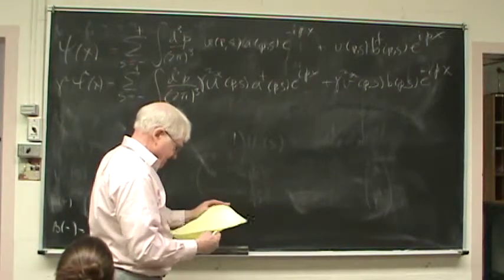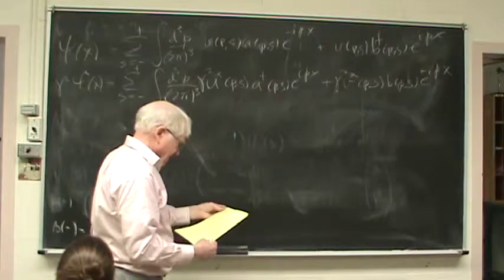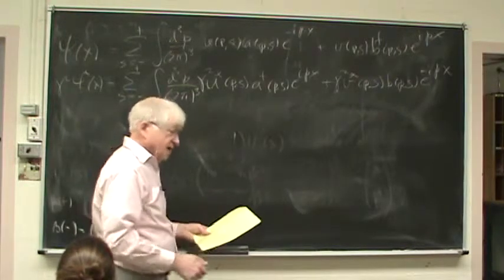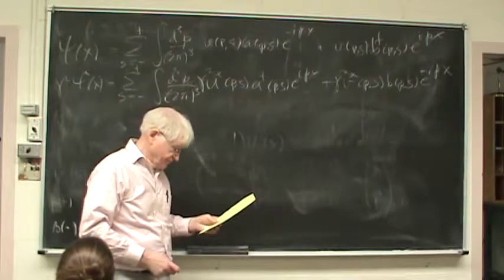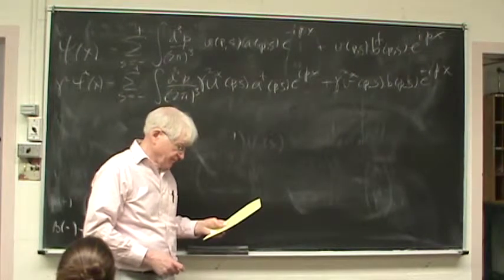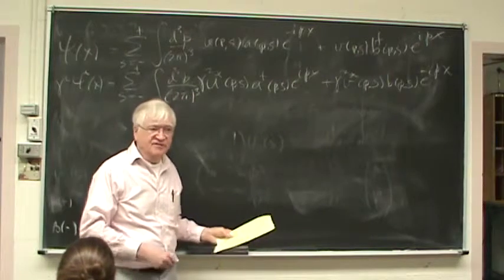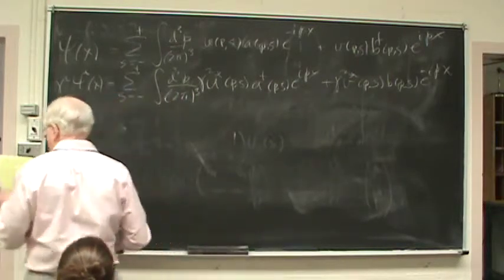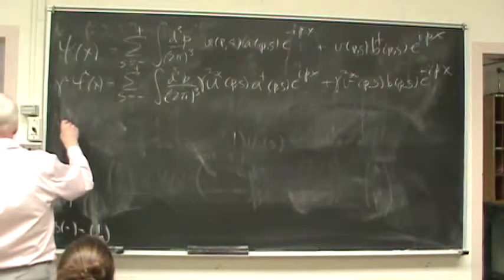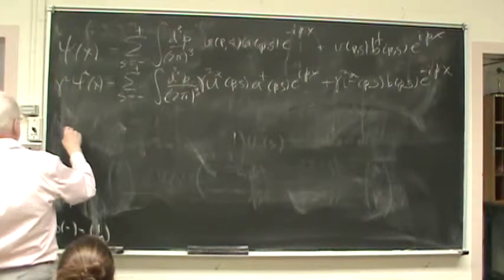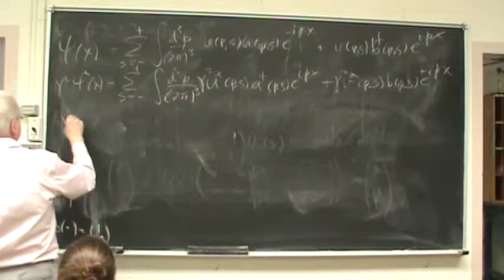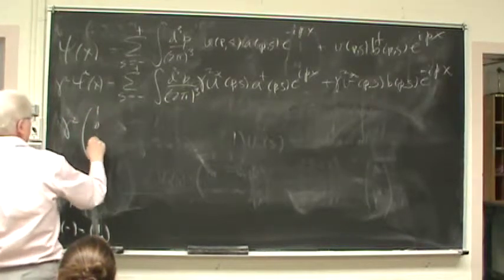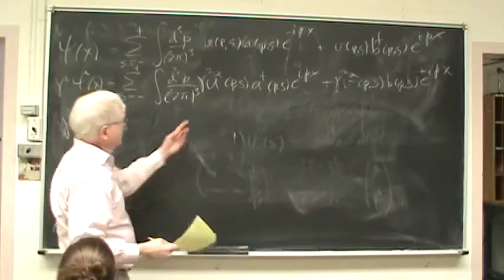Let me do it for just momentum 0, so I don't have to write thousands of p's. So what we've got is gamma 2 on, let us say, 1, 0, 1, 0. Now the star here doesn't matter.